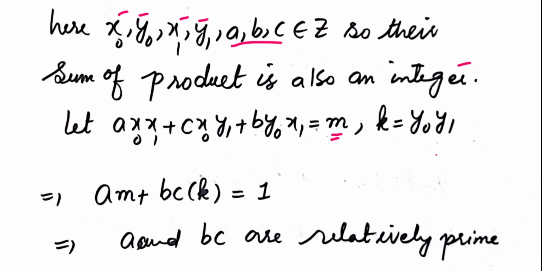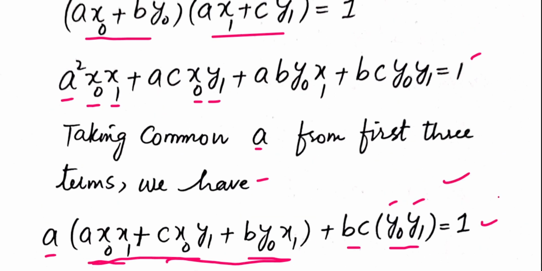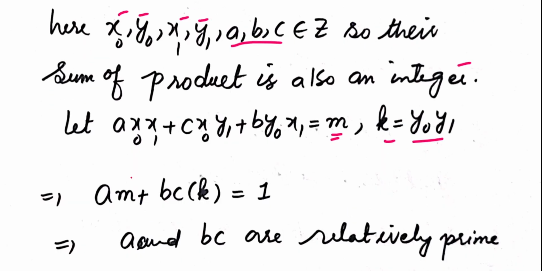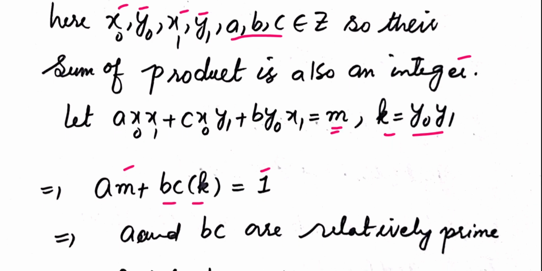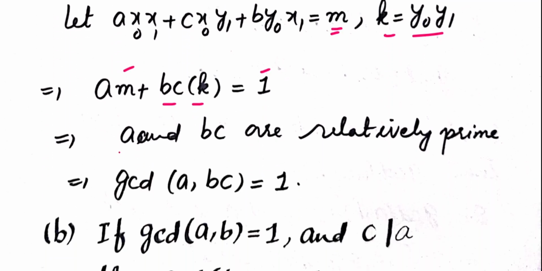So let this be equal to k. So the last expression becomes am plus bc into k is equal to 1. This expression shows that a and bc are relatively prime. It means their GCD is 1. That is required.